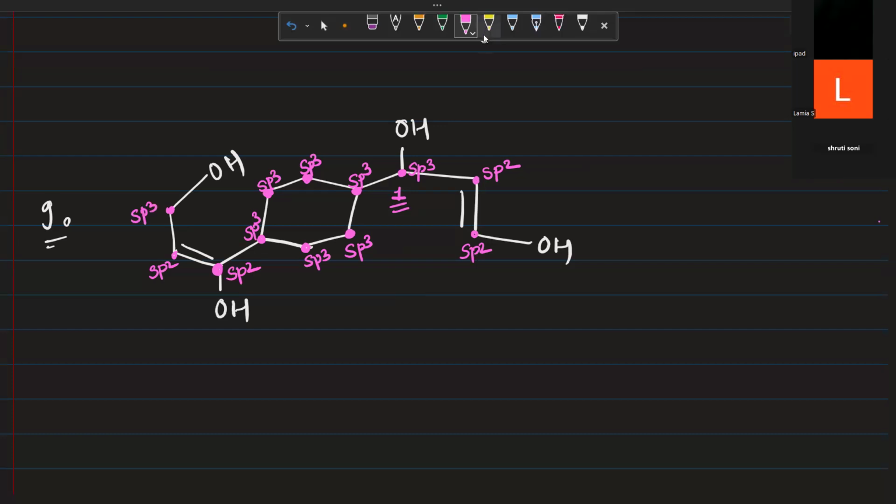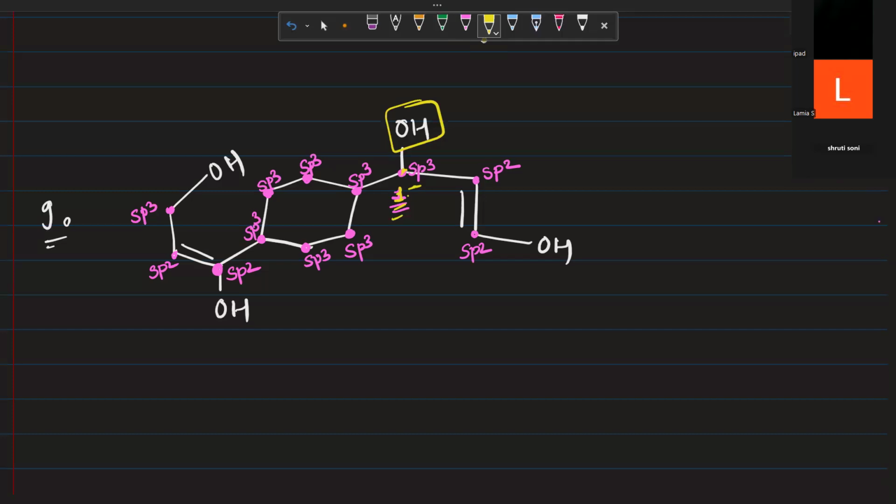Now we will start with the first one. Let's suppose this is the first one. The OH is attached to an sp3 carbon. Is this sp3 carbon directly attached to any sp2? Yes.